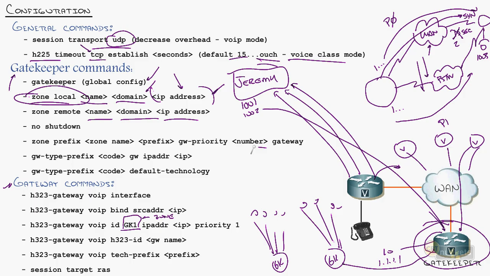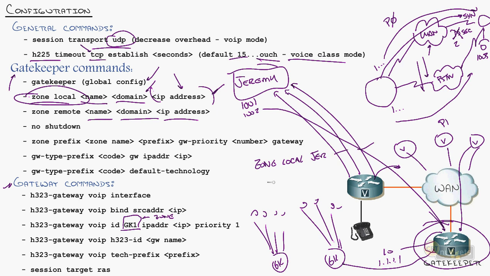A phone number. So a phone number is associated with a zone. So for example, let me put some of these pieces together. I could go in and do zone. Let's say I type in zone local jar, and then .cbtnuggets.com, and this is the IP address.